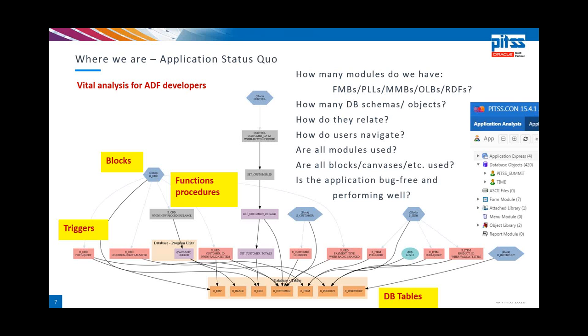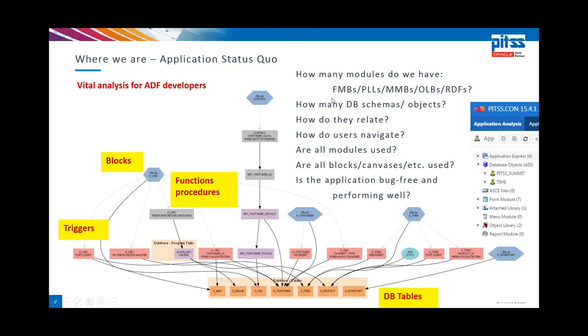Most old applications contain plenty of them. In our projects here at PITS, we identify these obsolete and unused objects automatically with a PITSCon routine, and then we delete them so that we can concentrate on the functional part of the application. We can get a better, clearer view of the situation.